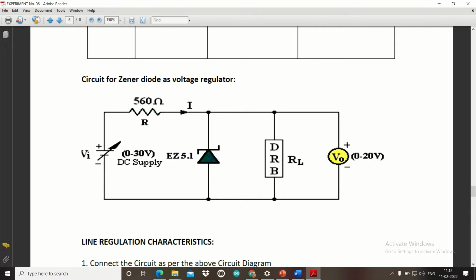For each value of input voltage, we need to note down the output voltage. And in case of load regulation, you need to keep the supply voltage constant, and you have to check the changes in output voltage with respect to changes in load. So this you have to remember.